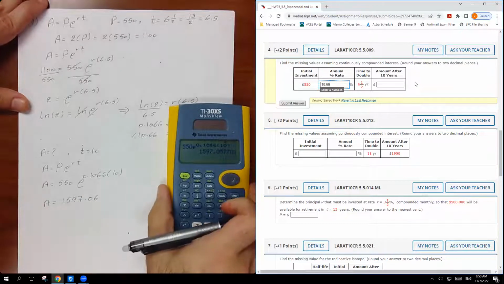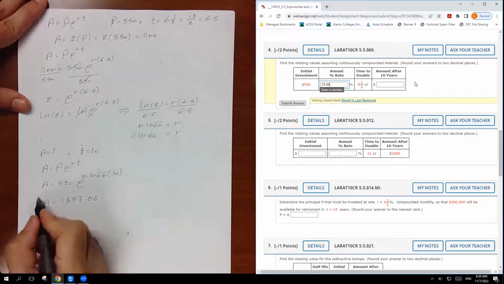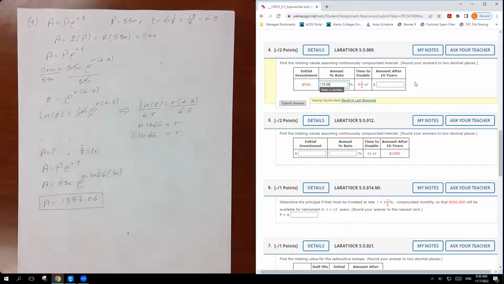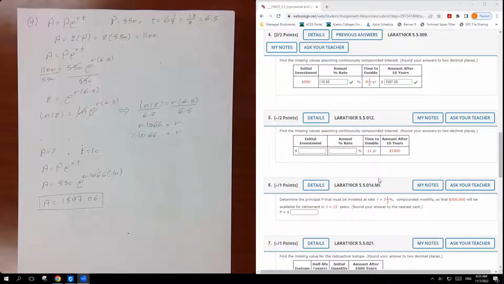So that's the future amount after 10 years. So we have to plug in here 1597.06. So we got it right for example 4.